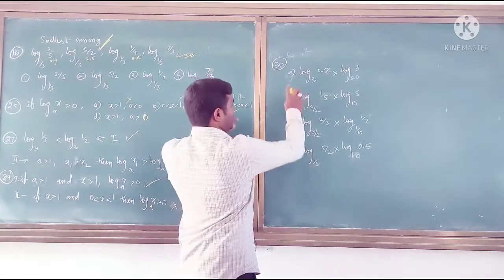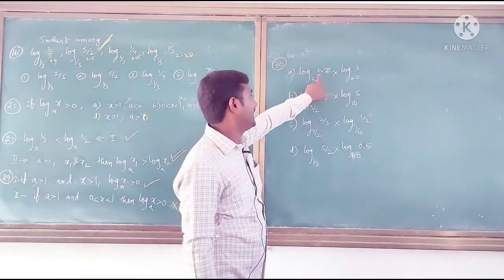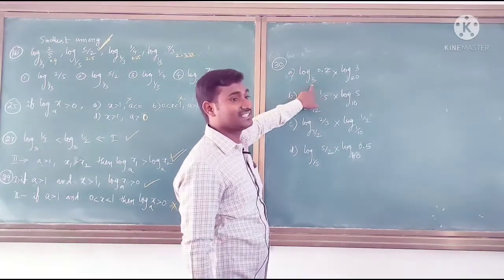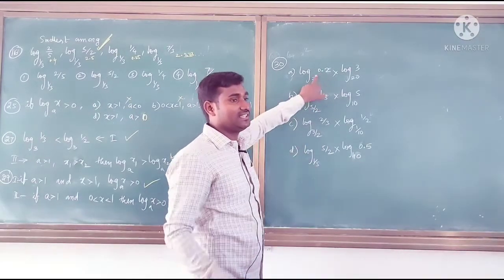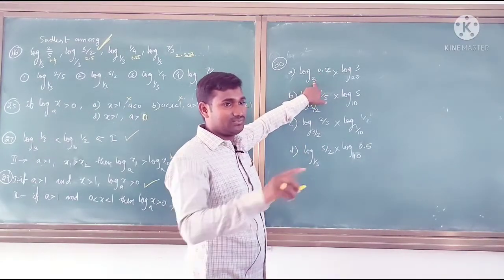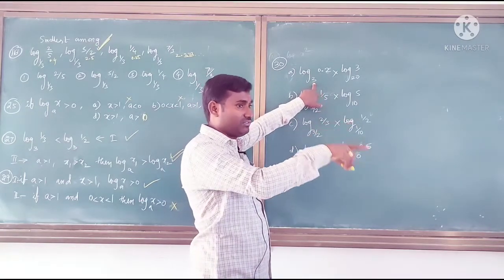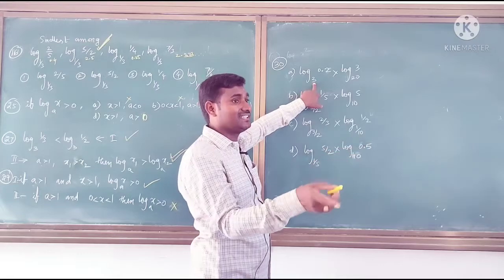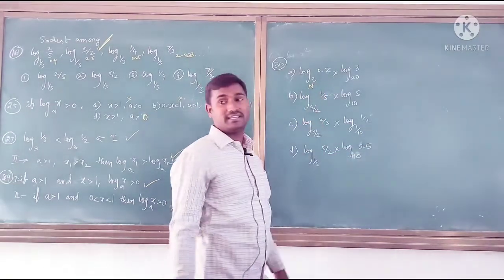Okay, see, log 3 to the base 3... the base is greater than 1, yes, but the x value lies between 0 and 1. If one value lies between 0 and 1 and the other is greater than 1, it is less than 0 only. It will give a negative value.